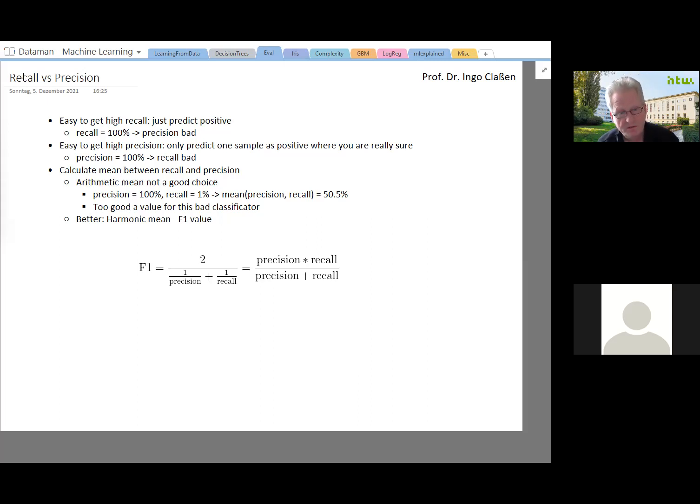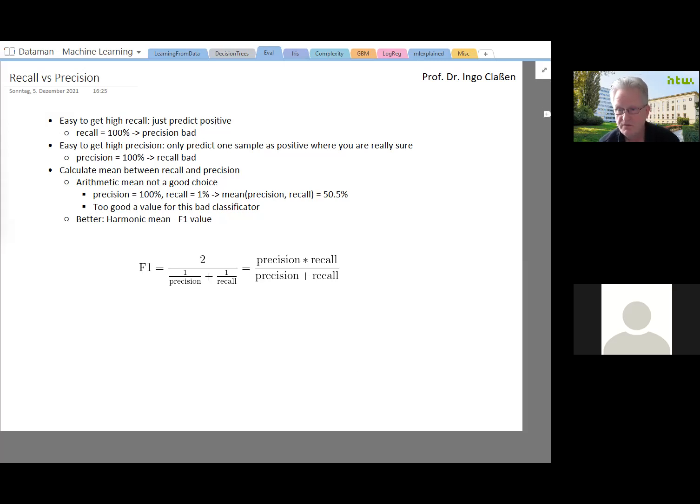If we look at recall in context of precision, if we take both together, actually it's easy to get a high recall if we just predict everything as positive. Of course, then we get all our real positives. We just say it's true, and then we get all the ones that are really true. But the precision would be very bad because many of them were not true.